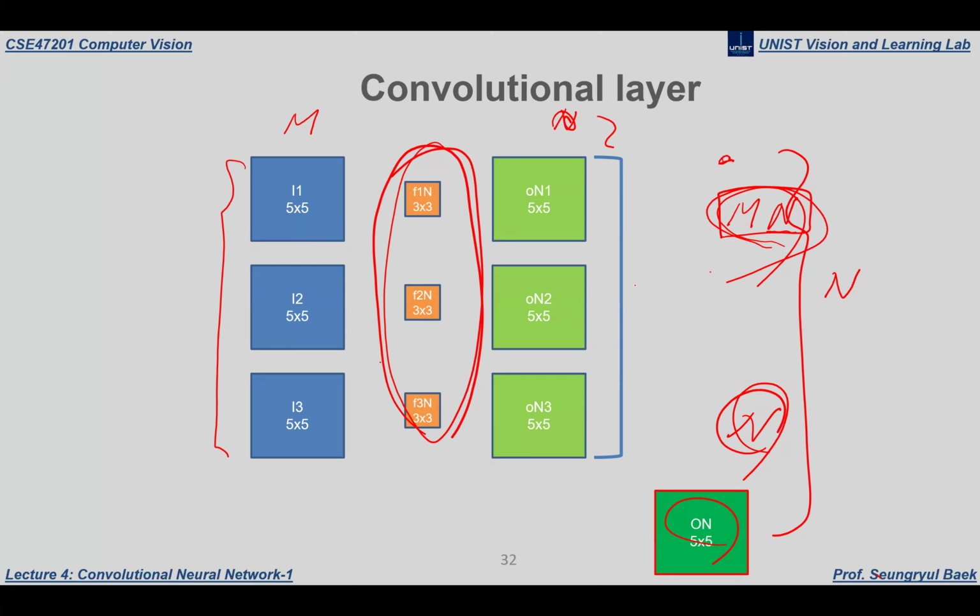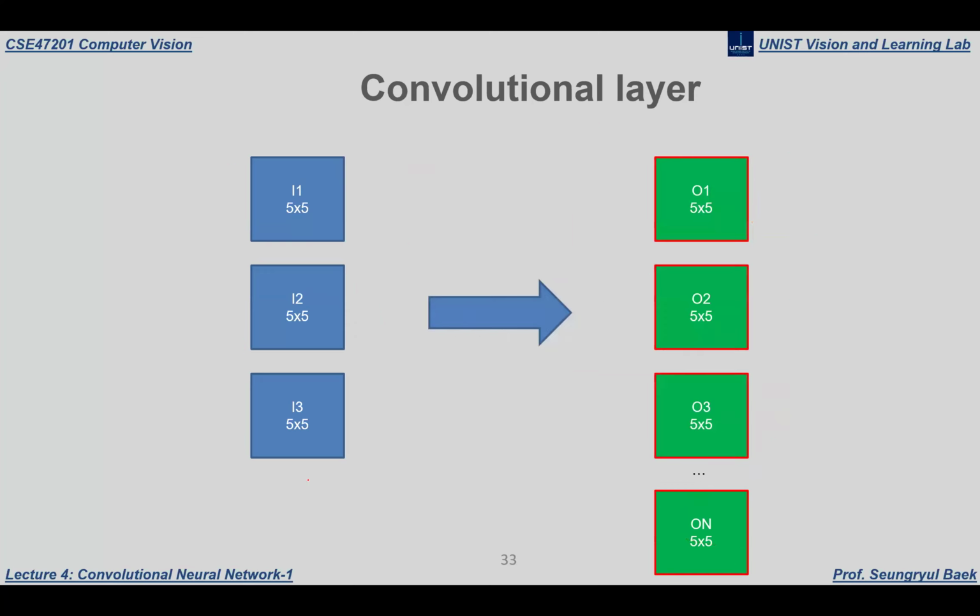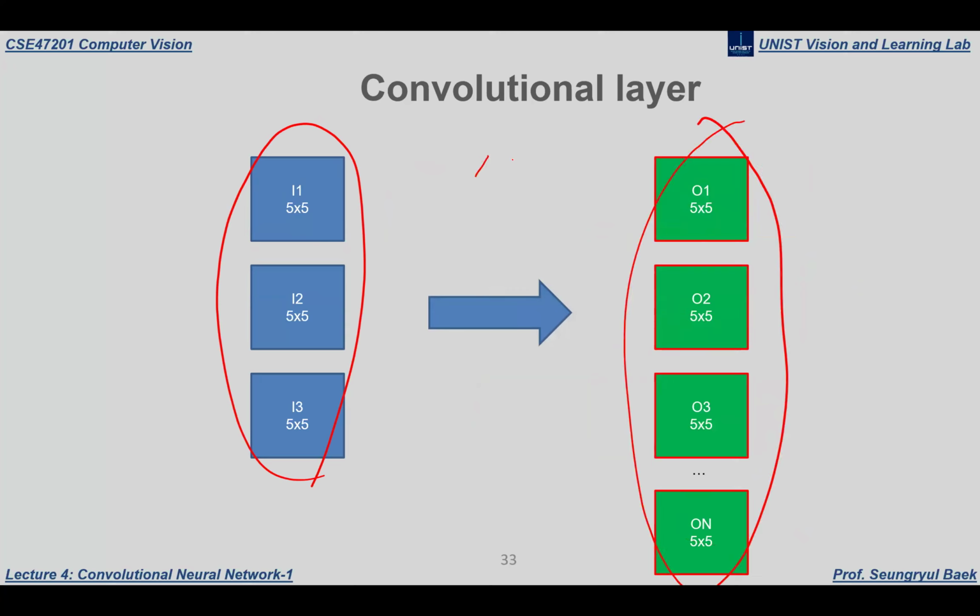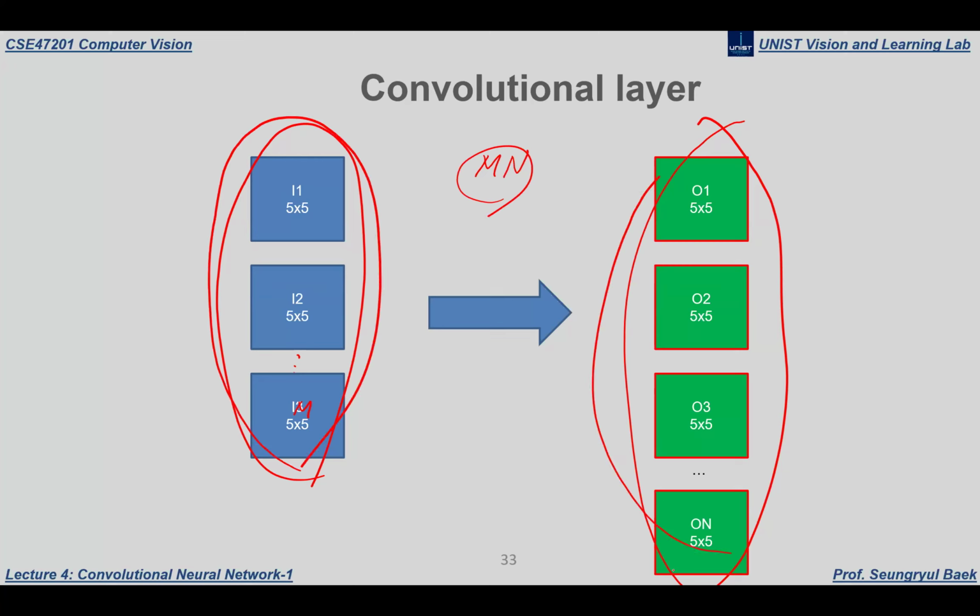So we just add these intermediate results to calculate the final channels of the output map. As I mentioned, let's say this is m: by defining m by n number of filter kernels, we can map inputs having m channels to outputs having n channels.